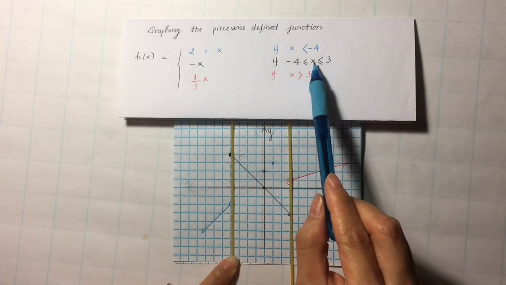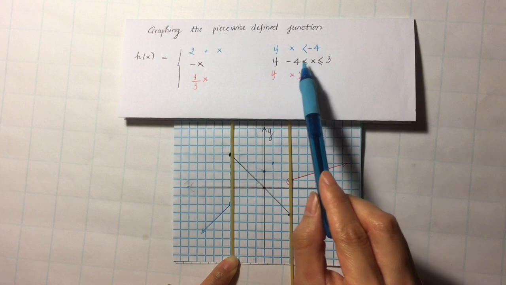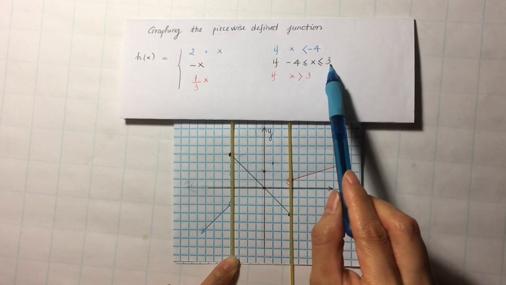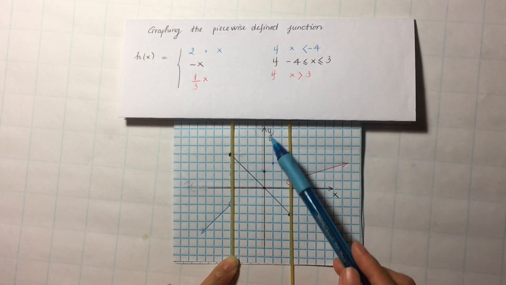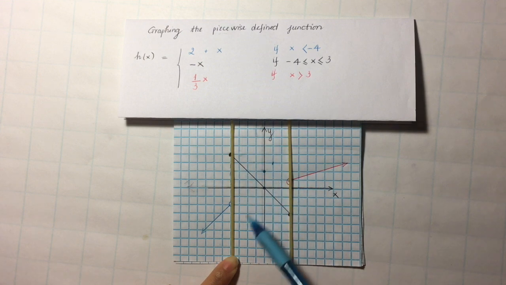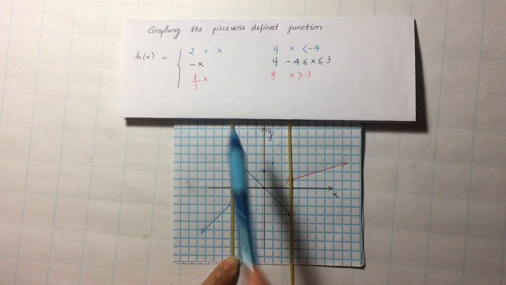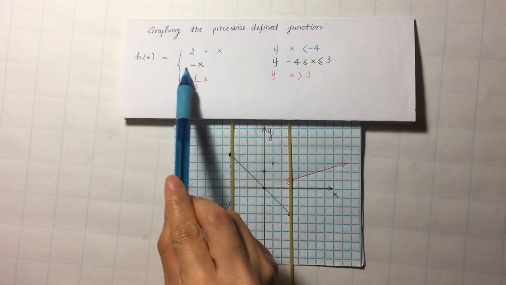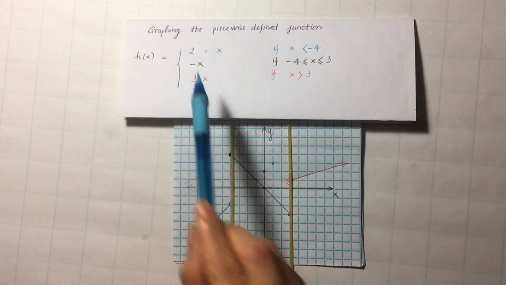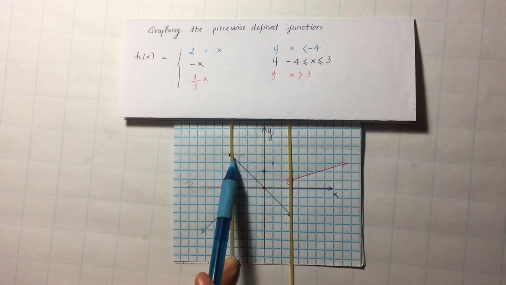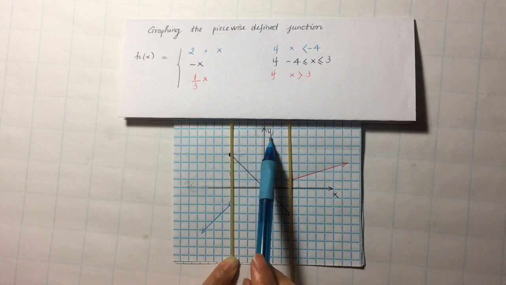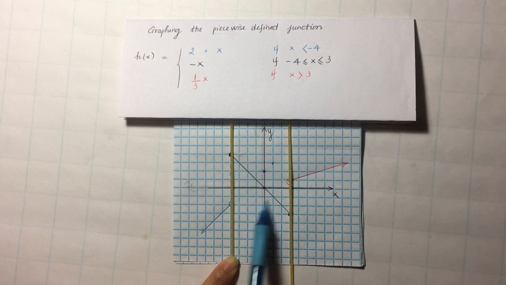When x is between -4 and 3, which is this region right here, we have the graph of the black function h of x equals -x. The black graph is only in this middle region.